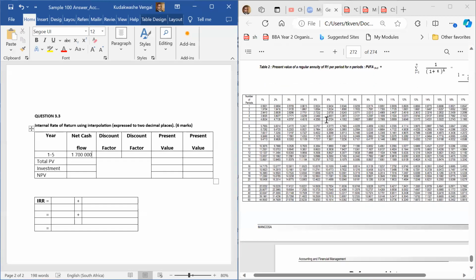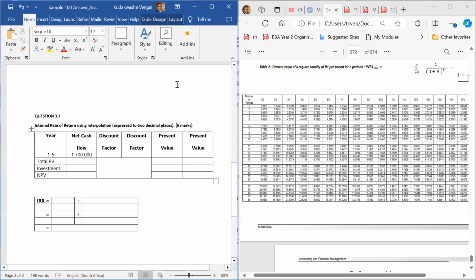So we are going to say our investment, which is 6,250, we divide that by the annual cash flow, which is 1,700. If we do that, we get 3.6764, etc. Right?